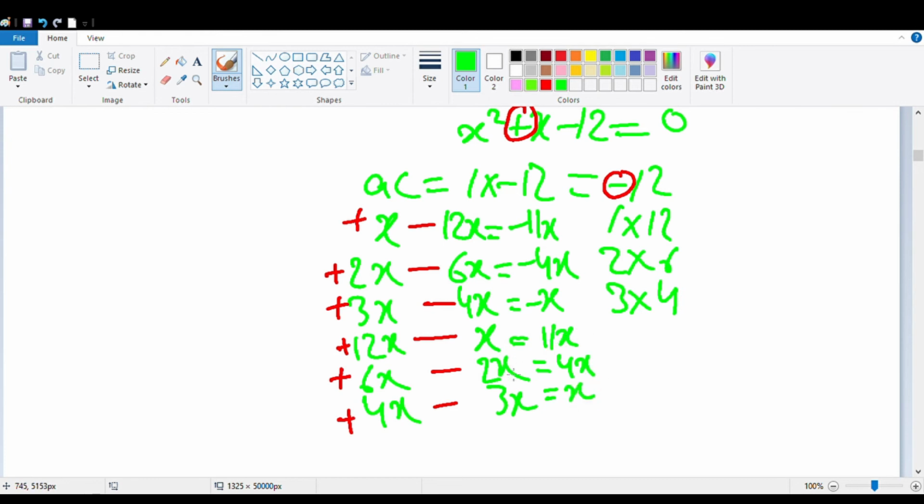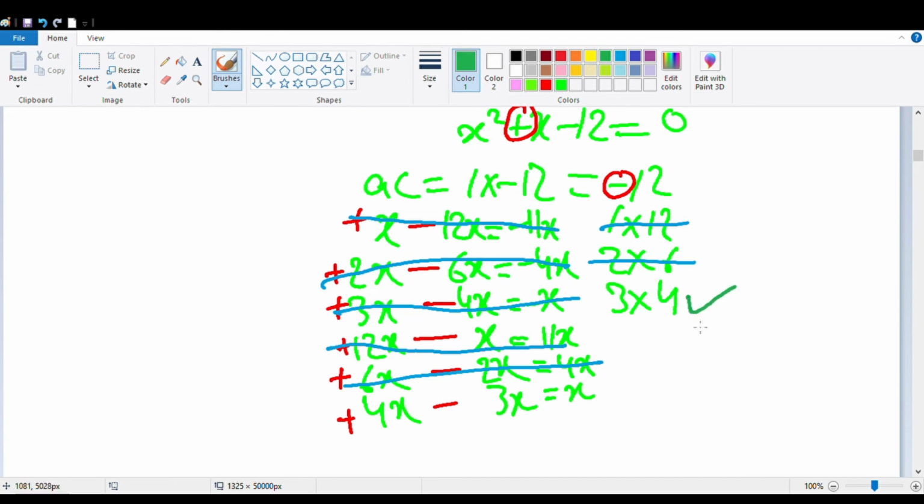We need positive x, so we know that all of these are incorrect. All of these are incorrect. This one too. This one too. This one and this one too. And these are correct. I mean the last one actually.